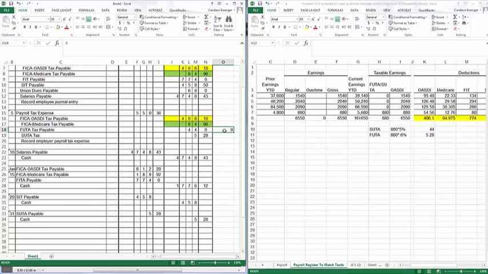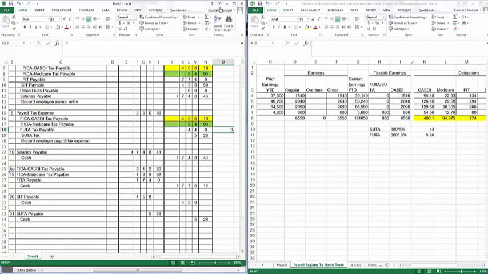And so we wouldn't pay them right now. We would accumulate it for an entire quarter and then pay it. So that right there is the journal entries for payroll. Please, please, please, if you have any questions about this, you need to ask me because you will have to do this on your final project.